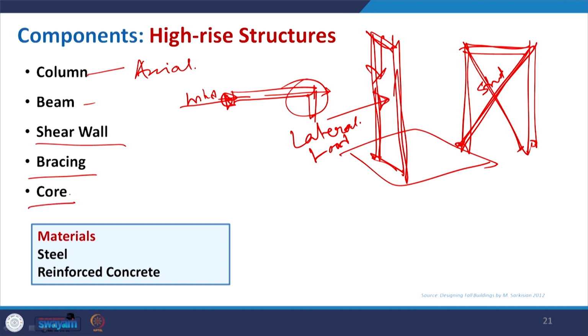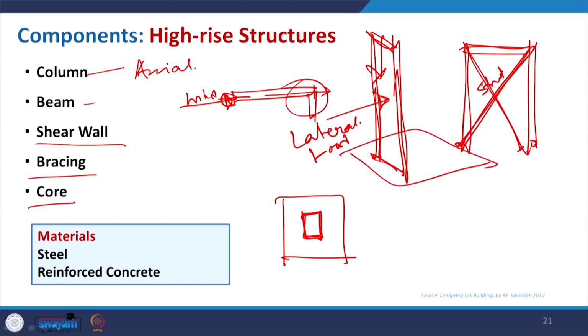And the core is another important component. Your building will have all the services, and we can make the structure so that the main structural elements, the heavy columns, are put together very close to each other, and we make the service core like this.